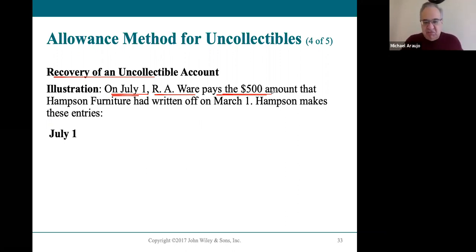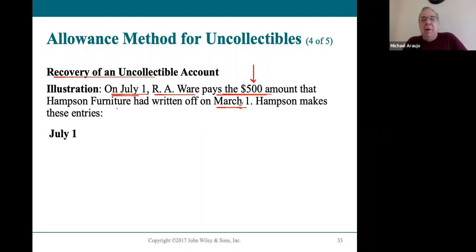I hit it. I have the $500 to give you. Well, the company had already written this guy off in March, but he shows up with $500. They're not going to say no. They'd be idiots to say no. So they say, okay, fine, we'll happily take your $500 to pay off your account. They're not going to tell him that they wrote him off.